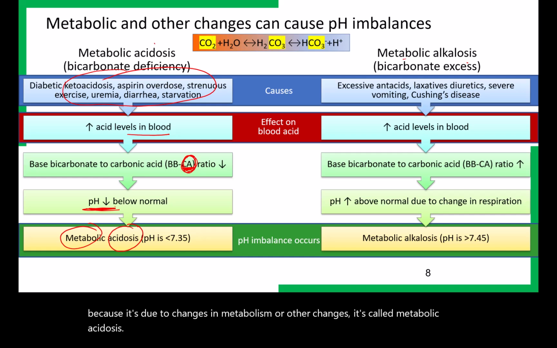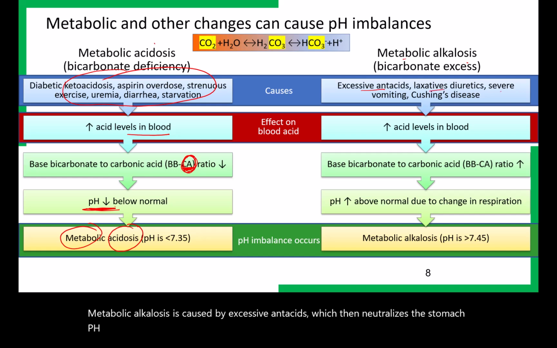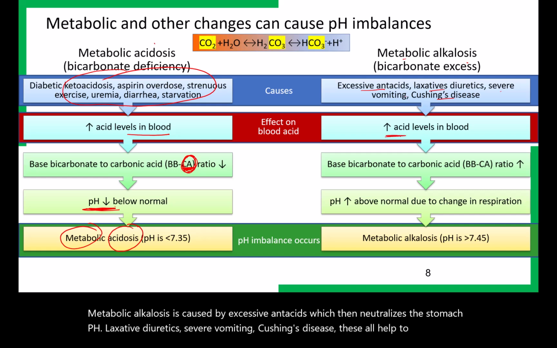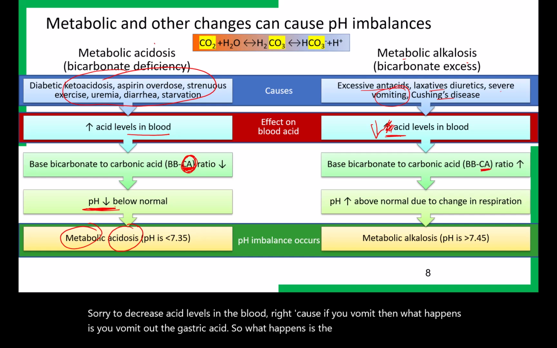Metabolic alkalosis is caused by excessive antacids, which neutralize the stomach pH, laxatives, diuretics, severe vomiting, Cushing's disease. These all help to decrease acid levels in the blood, right? Because if you vomit, then you vomit out the gastric acid. So what happens is the carbonic acid levels go down.